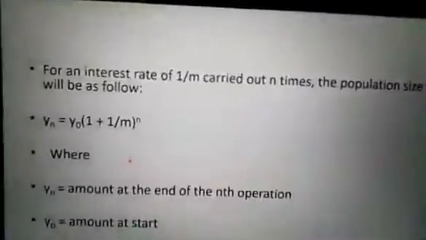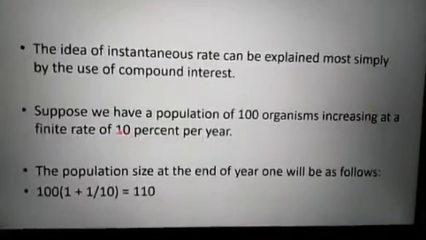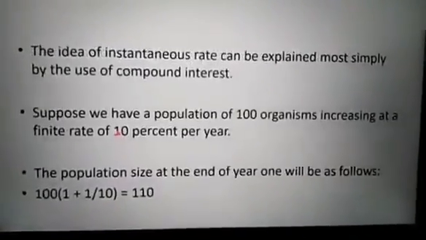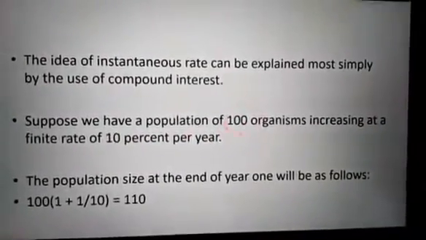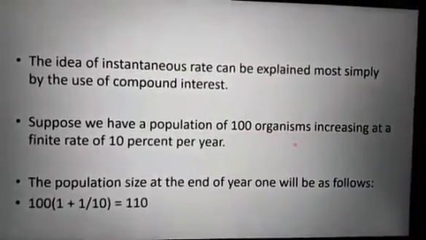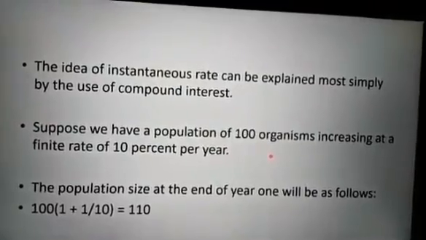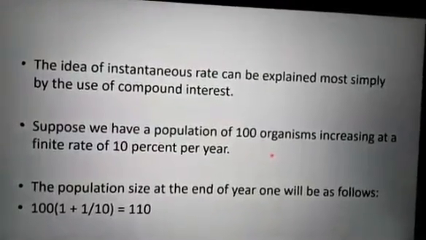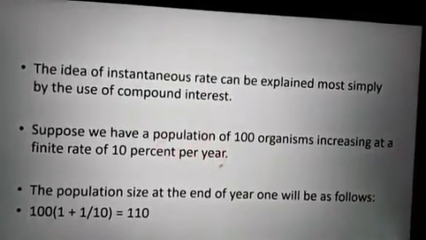This is what we need you to understand very carefully. In this example, you have 100 organisms to start with, and you are told that they are increasing at a finite rate of 10% per year. So this is the time.